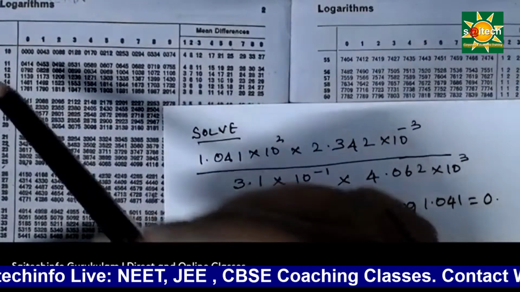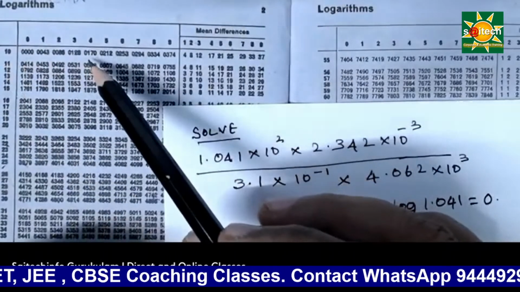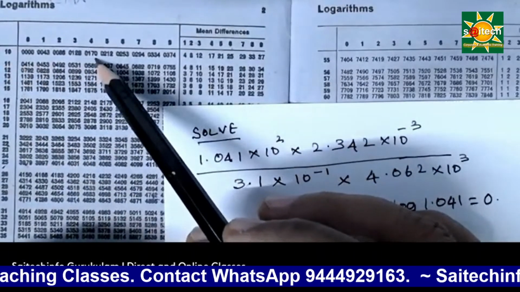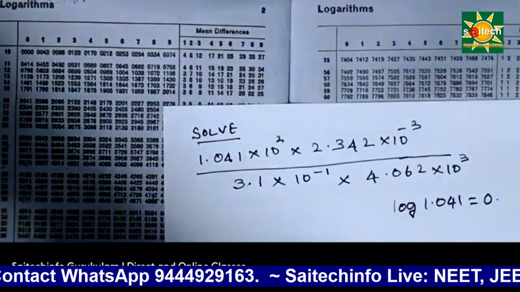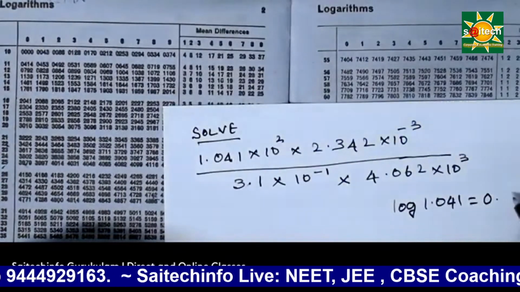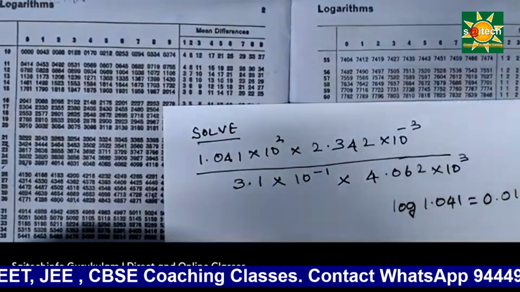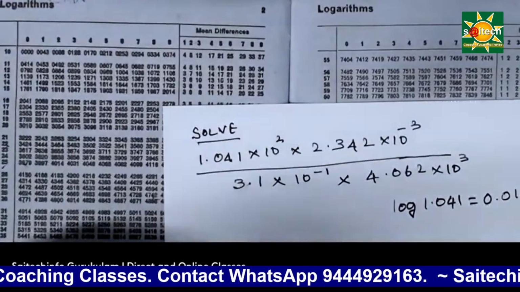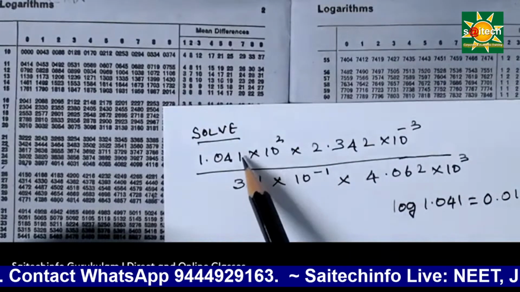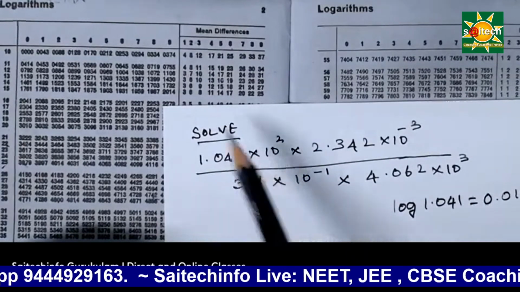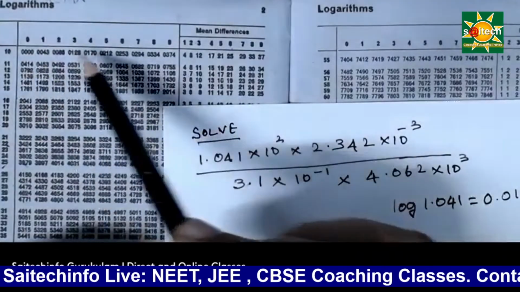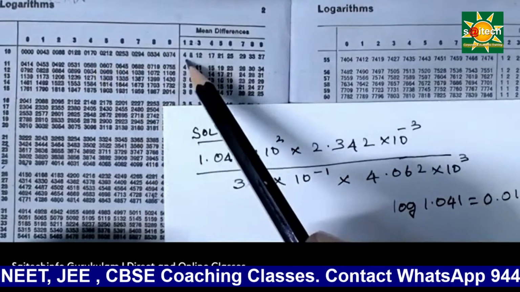So here it is 10, and come here, that is the fourth column, 0170. You can make a note of it, 0170. And then you have got another 1. So for 4, 10 4, 1 is the mean difference.